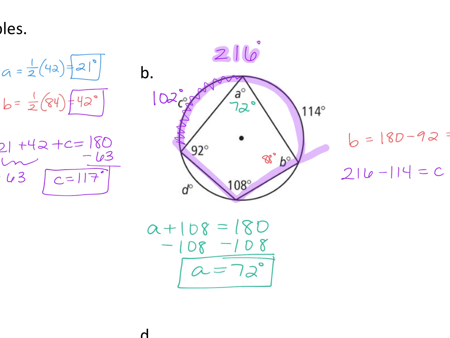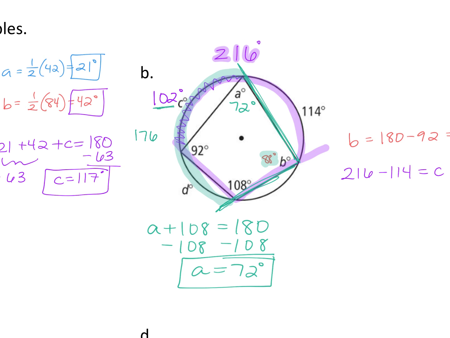Now if C is 102, you can solve for D using which angle? Angle B. If you look at your angle B, B opens here, so your intercepted arc is going to be this one. What are you doing to 88? You're multiplying by 2 to get that arc. So 88 times 2 is 176.